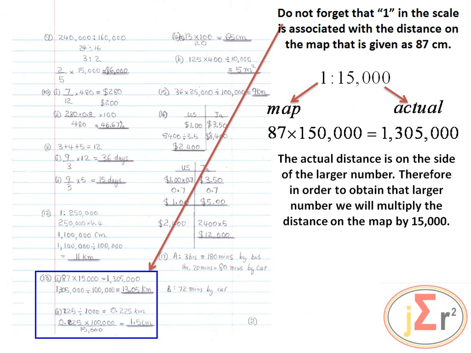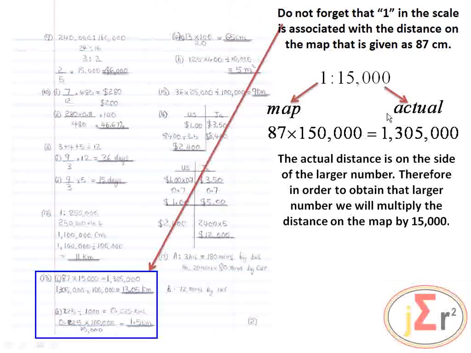And that answer is in what? Is it in kilometers, centimeters, or meters? We were given 87 centimeters to convert with the scale of the map. In converting with the scale of the map, there is no change in unit.